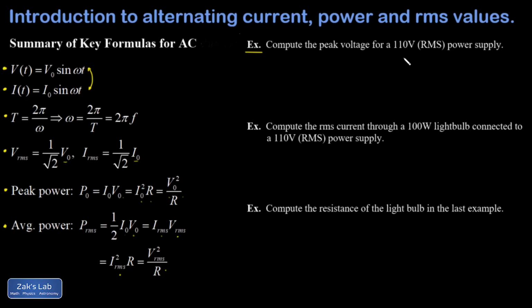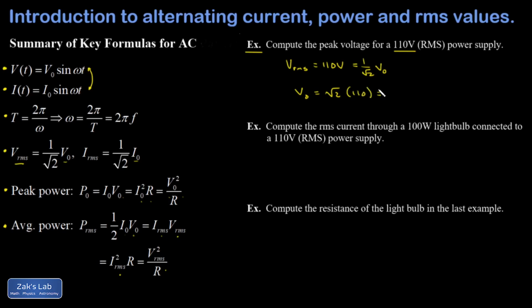So what's that about? Well, it's because for all practical purposes, we talk about RMS quantities when we talk about electricity. So we want to think about the averages, in particular the average power output. So the 110 that you're told is actually an RMS value. The RMS voltage is given by 1 over root 2 times the peak voltage. And that means the peak voltage is going to be root 2 times 110.